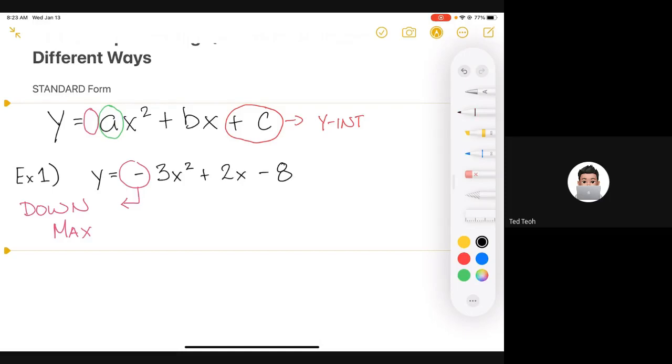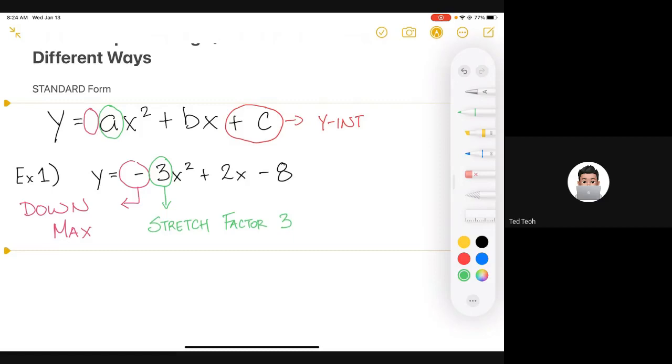They might ask you if this graph is a stretch or shrink. We're going to look at the A value. In this case, the A value is the number after the equal sign. If the A value is higher than 1, then it's a stretch, and it has a factor of 3.